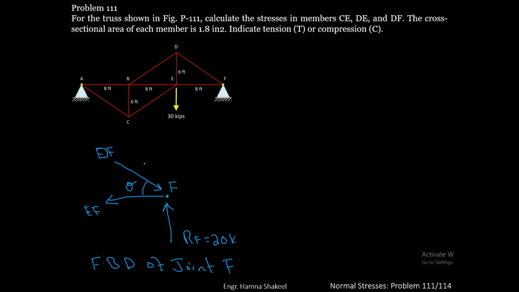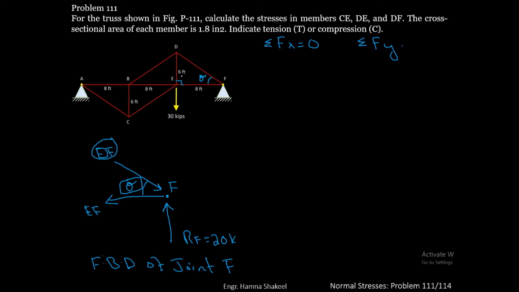We can further solve it. You can apply two equilibrium conditions on this joint, sigma Fx equals 0 and sigma Fy equals 0. For that you have to find the x and y component of this DF. And to find the components of this DF, you need to know this angle theta. You can find this angle theta from this figure here.